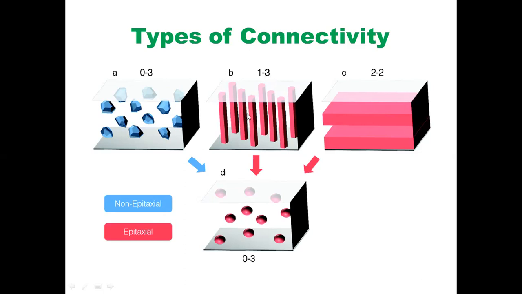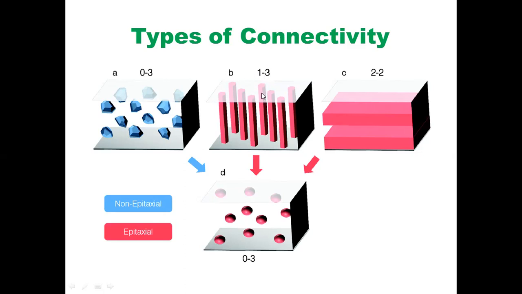One phase is made into rods. Generally, they are referred to as nanorods, and since they are very thin, we represent that phase as 1, indicating that it is almost one-dimensional. And the second phase is in the form of particles, so it is a 3-dimensional body.